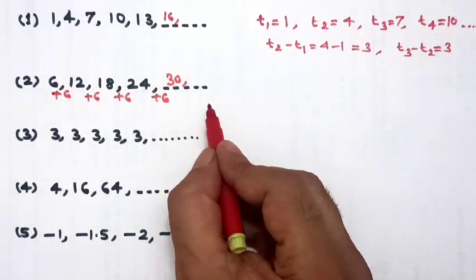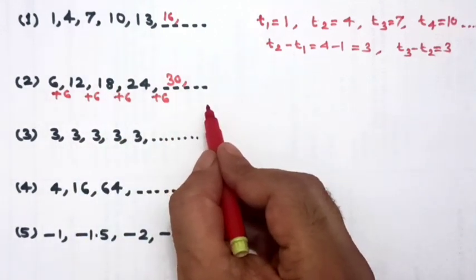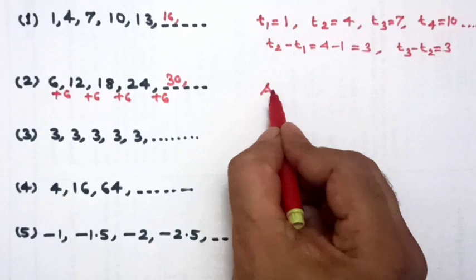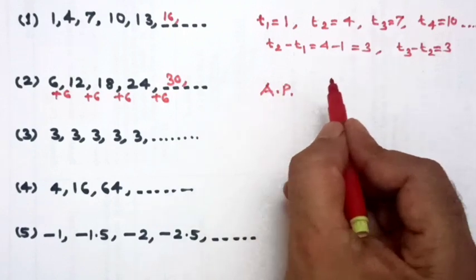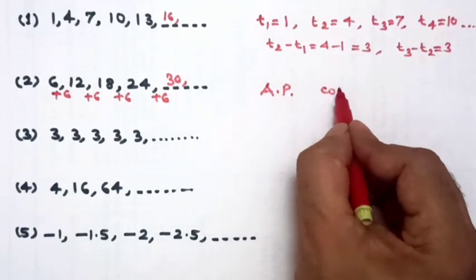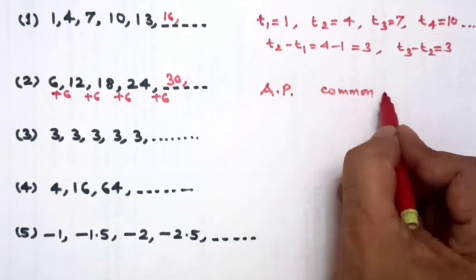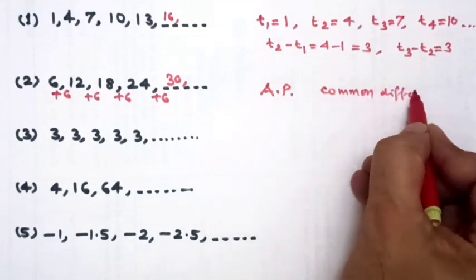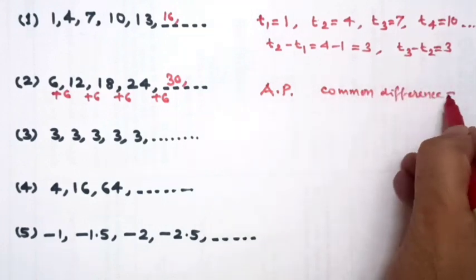That means the difference between two consecutive terms is constant, which is 6. So it is an AP. This sequence is called an AP, and the common difference will be 6.